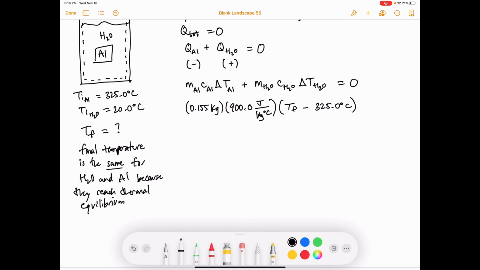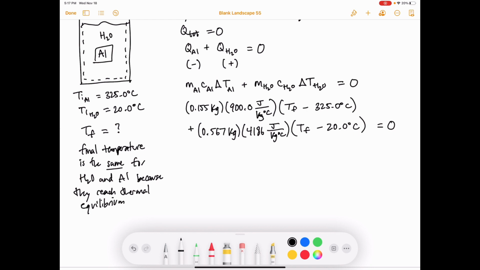Then for the water, the mass was 567 grams, or 0.567 kilograms. The specific heat, 4,186 joules per kilogram degree Celsius. And then we have delta T for the water. We don't know what the final temperature is. It's T final. But we know for the water, the initial temperature was 20 degrees Celsius. And all of that right there is equal to 0.